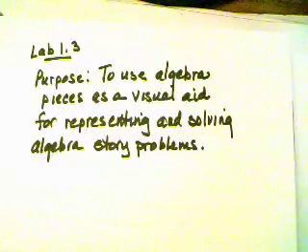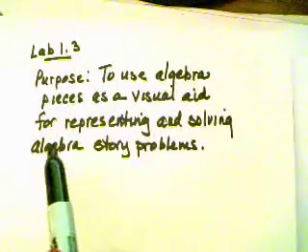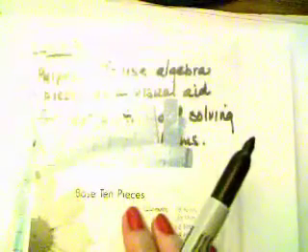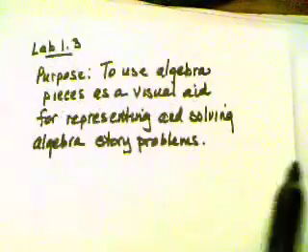In Lab 1.3, the purpose is to use algebra pieces as a visual aid for representing and solving algebra story problems. We'll use part of the base 10 pieces, the tens and the units, to represent our variables.